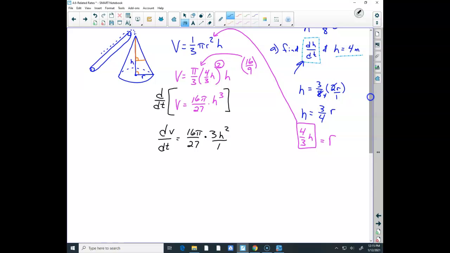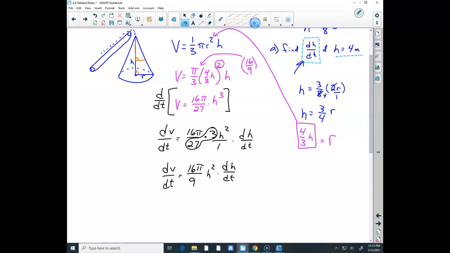And I wanted to write that so you could see these two, they're going to reduce. So dV dt really is going to equal 16 pi over 9 h squared. Don't forget your chain rule, Kruger. So times dh dt.